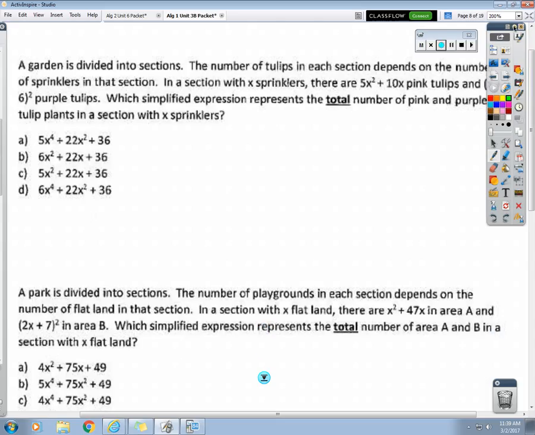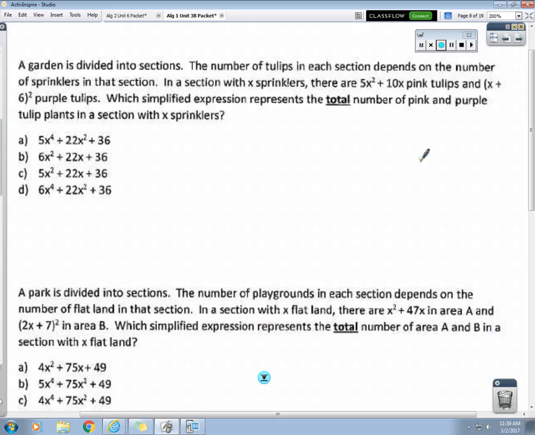Number 6. A garden is divided into sections. The number of tulips in each section depends on the number of sprinklers in that section. In a section filled with x sprinklers, there are 5x squared plus 10x pink tulips.